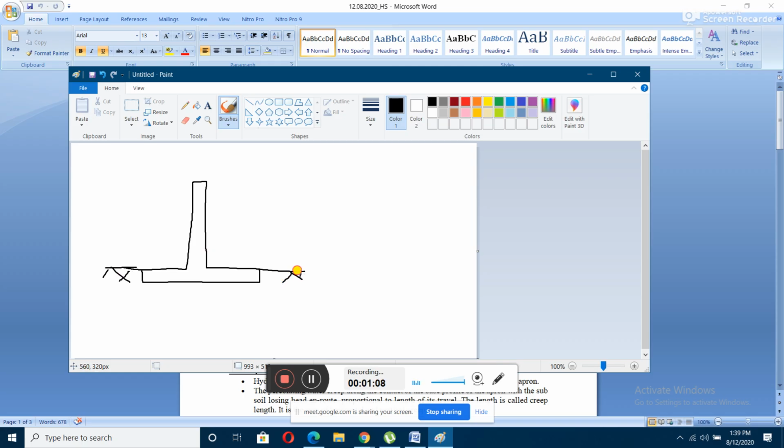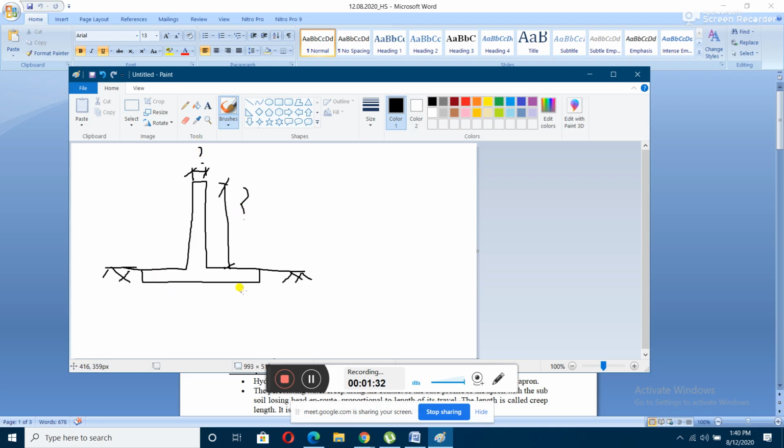So what do you mean by the design of the weir? In order to design it, what parameters do you require? You need this thickness, right? You need to find out what will be the thickness of this part, what will be the length of this part. This needs to be found out, this also needs to be found out.